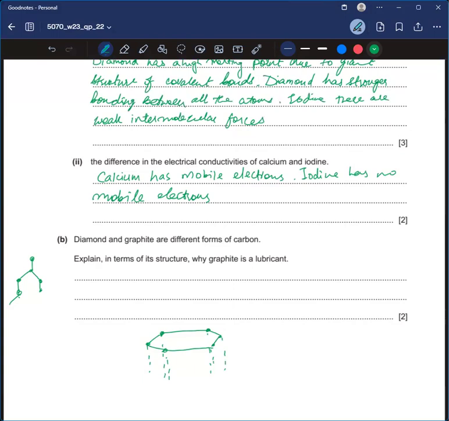So we'll write here that the atoms in graphite are arranged in layers, due to which these layers can slide over each other.